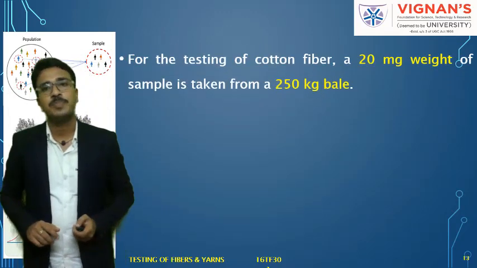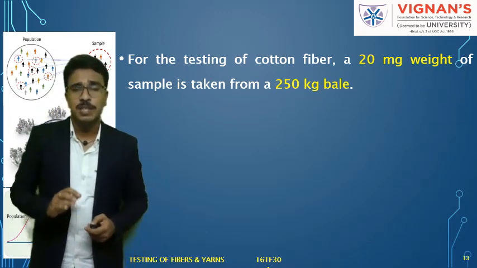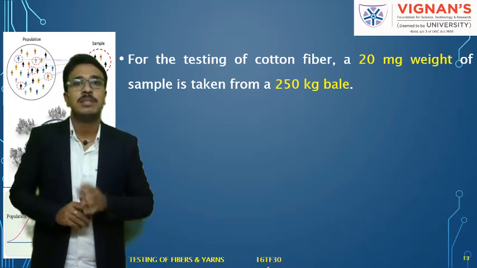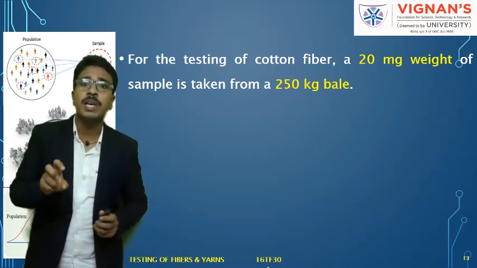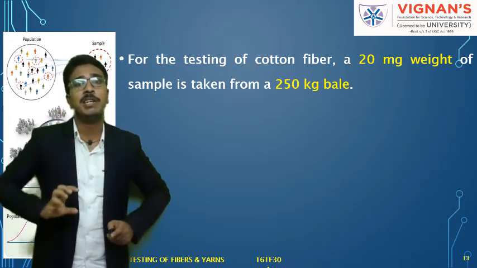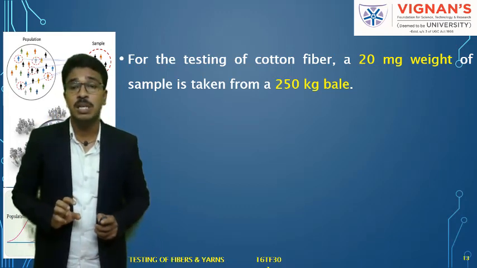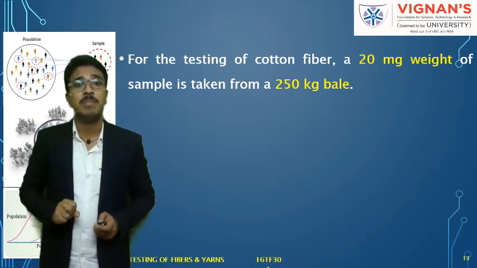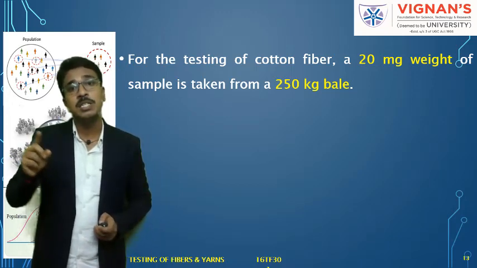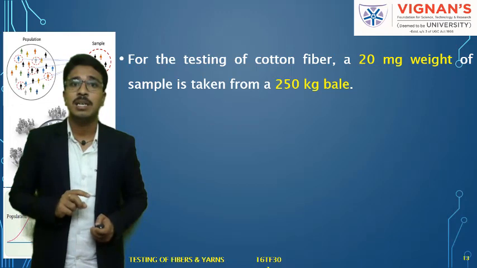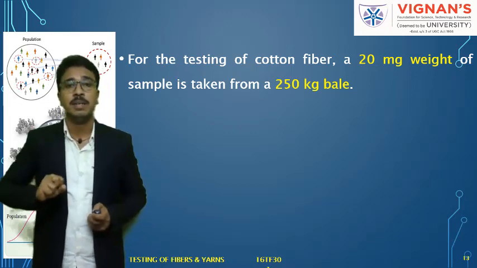Understand? For example, for the testing of cotton fiber, if you have a 250 kgs bale, we are only taking a 20 milligram weight sample. Now see, this 20 milligram sample of cotton will represent the 250 kgs bale. See how small we are taking.